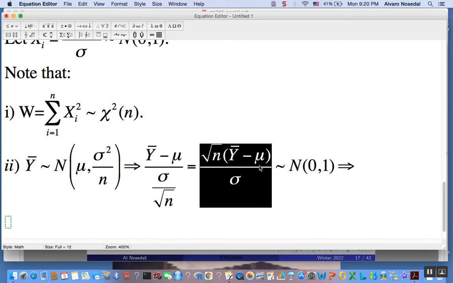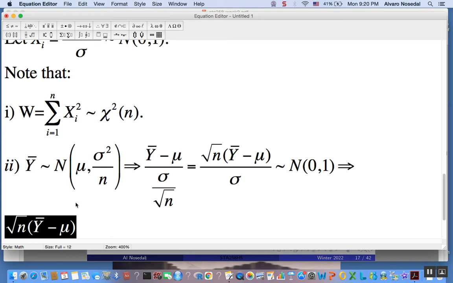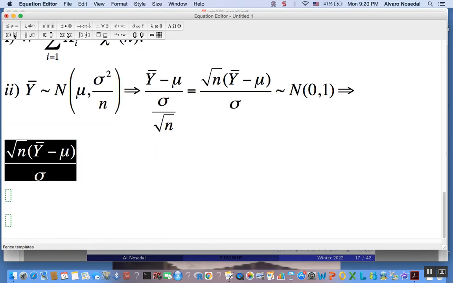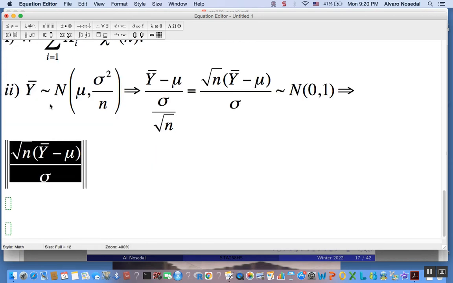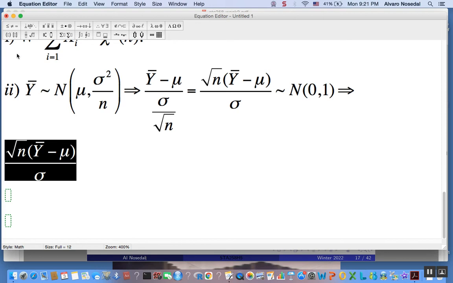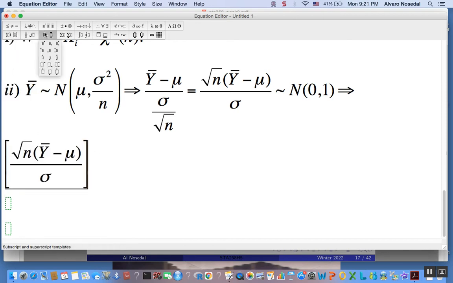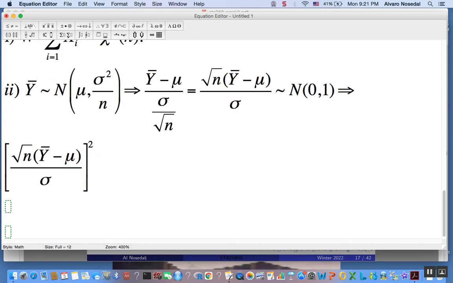So let me write that down here. If I square that guy, then the distribution is a chi-square with 1 degree of freedom.